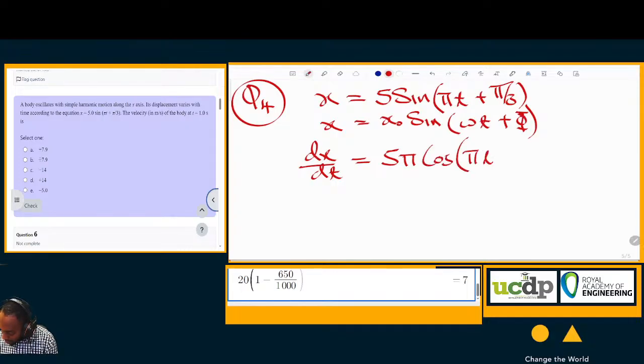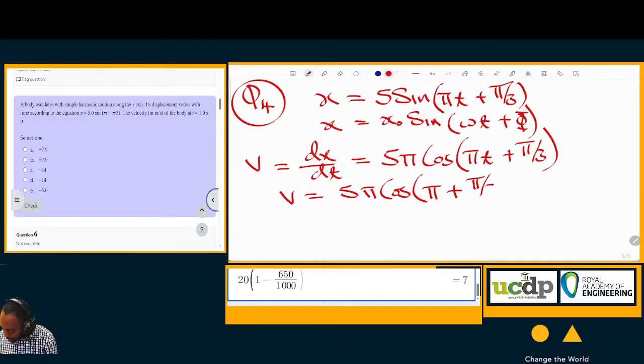Cos of pi t plus the phase difference. All right, so this equals the velocity. So now you can punch in v equals 5 pi cos of pi plus pi over 3, because we're told that the time is 1 second. Now you can punch this in and see.